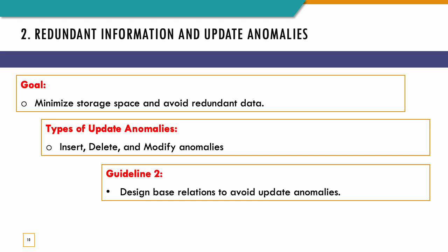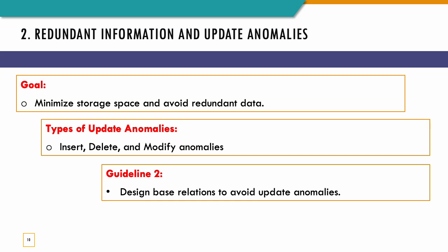Okay. And then there are some types of anomalies. Sorry, the types of update anomalies. An update anomaly is a problem that happens when you try to insert, delete, or modify data, and it doesn't work properly because of the redundant data.